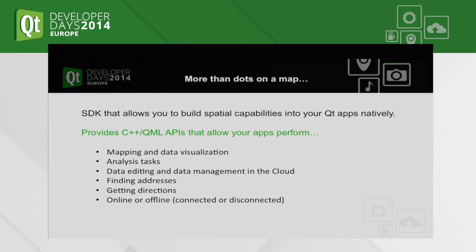We can also help you do data editing and manage your data in the cloud or directly on your device, as well as other functionalities such as, I think all of you are aware that Google offers, finding addresses and getting directions. But what we can offer more is to do it connected or disconnected. So you don't need to have a data connection to do all of those functionalities that we offer.